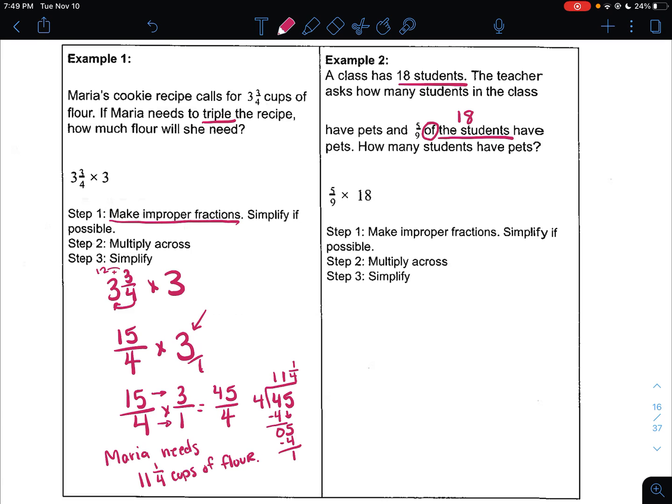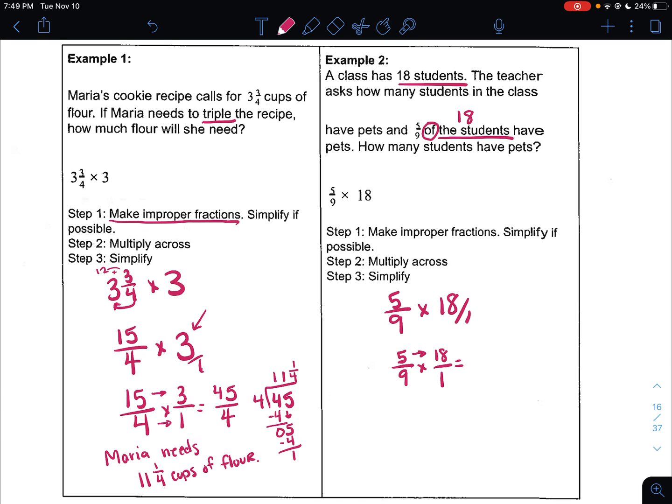Okay, so first thing first is that we need to do 18 as a fraction. So like I said before, any whole number, you just want to throw it over 1, okay? So we're really doing 5/9 times 18 over 1. And then you're just going to multiply like normal.